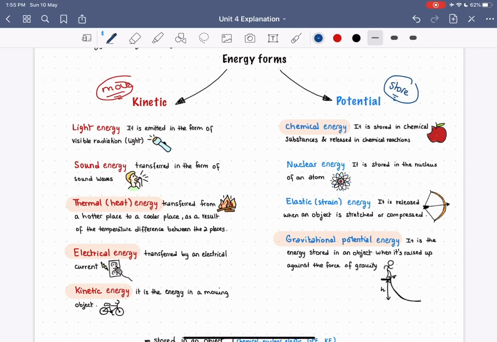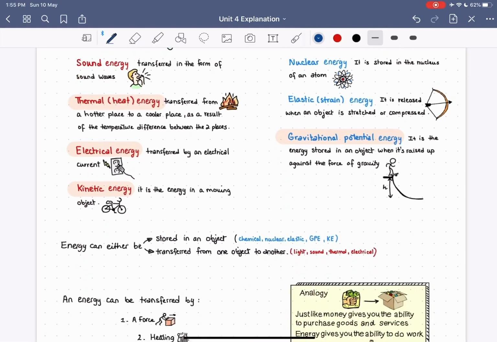So it's called elastic or strain energy. Last one is the gravitational potential energy, and this is the energy stored in an object because it's raised up against the force of gravity, pulling it downwards.